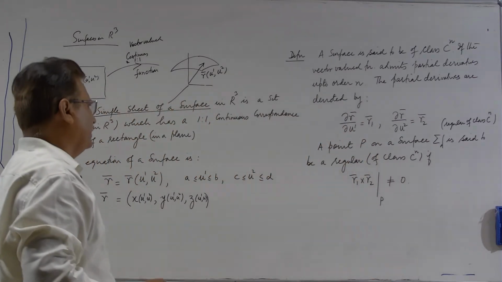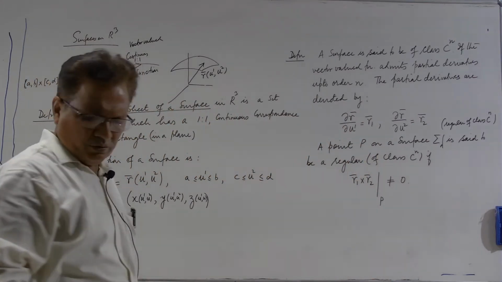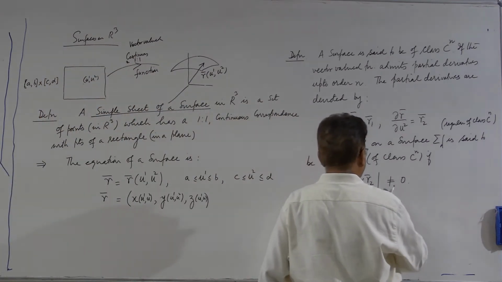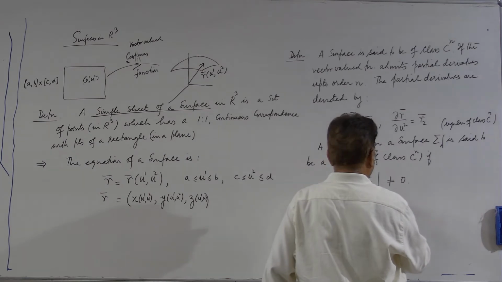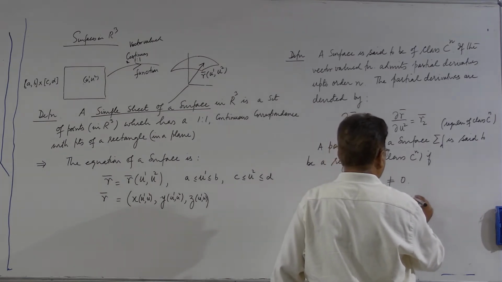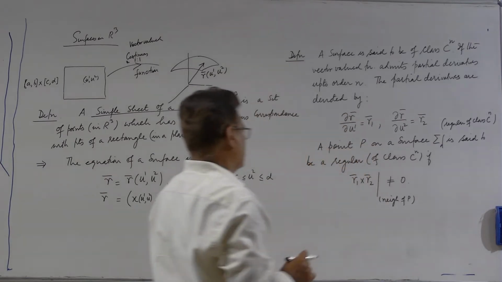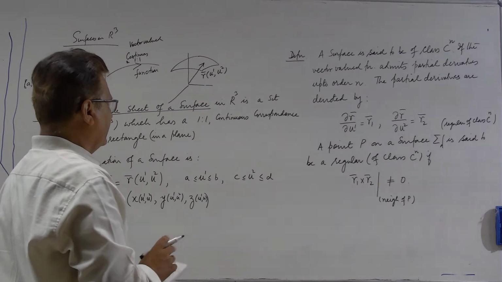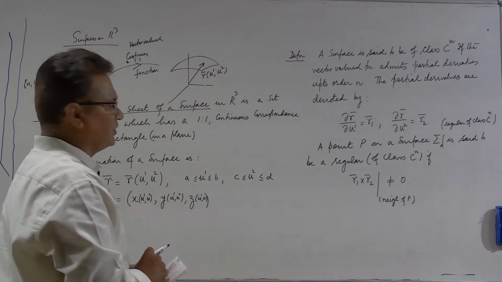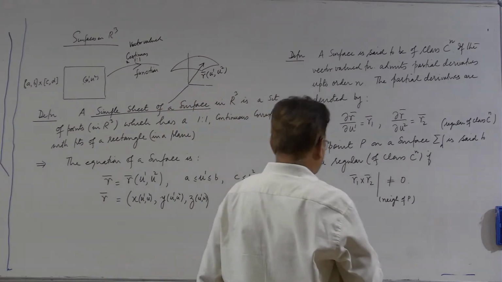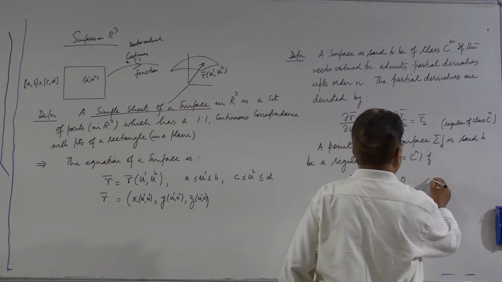Not only at the point P, in fact, in a neighborhood of P, this is non-zero. And in this case, I will say that the parameterization is regular around P. This is the important condition for regularity.